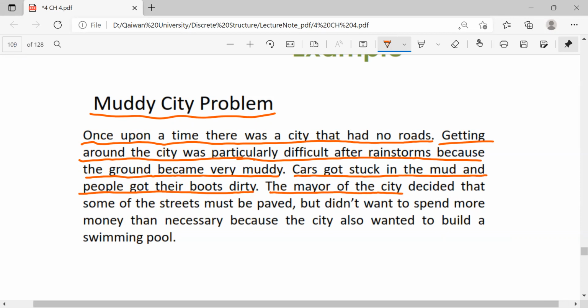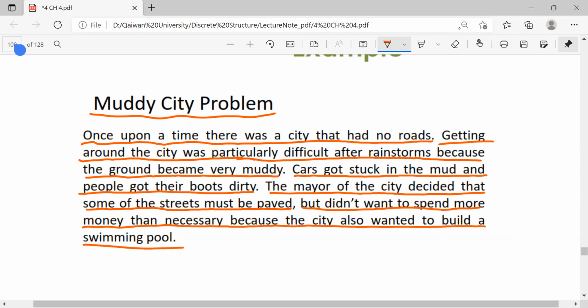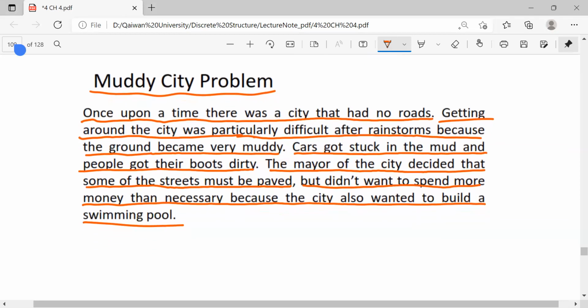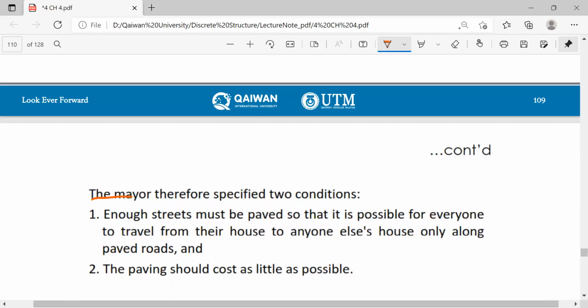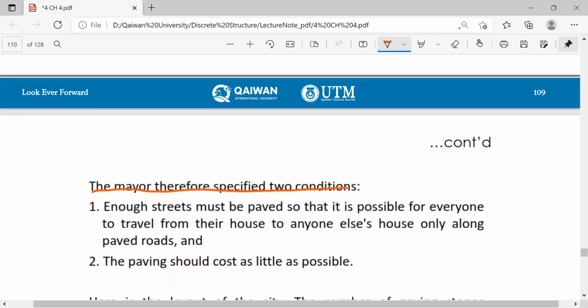The mayor of the city decided that some of the streets must be paved, but didn't want to spend more money than necessary because the city also wanted to build a swimming pool. This is the story. The mayor therefore specified two conditions.